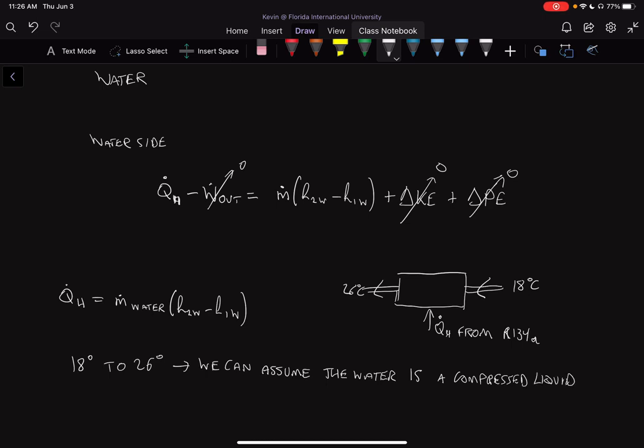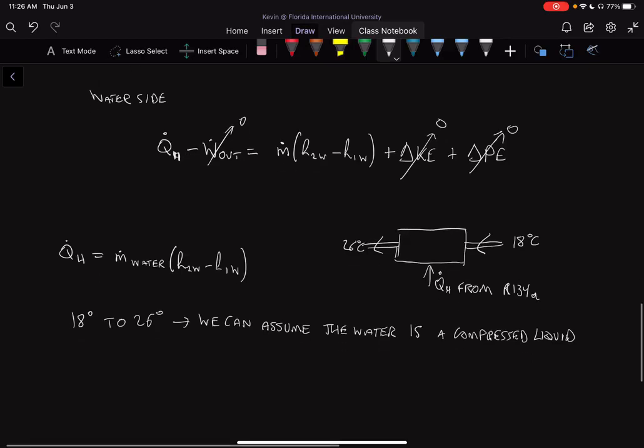And since we assume that water is a compressed liquid, we can find HF at the given temperature.